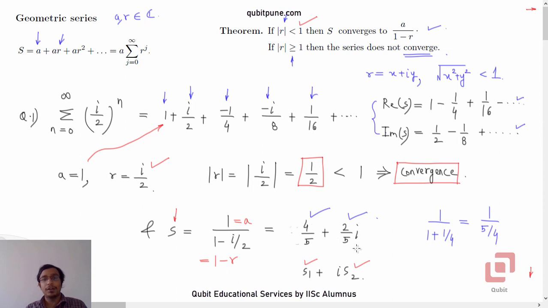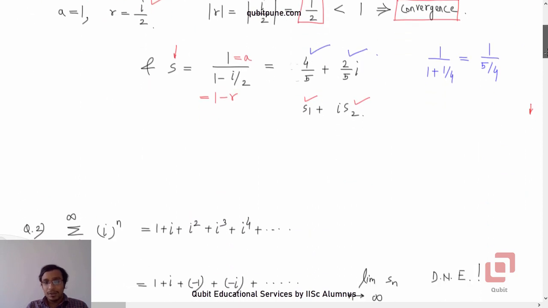And we have verified it for this particular example, and we may deduce that even if one of these two, S1 and S2, the associated series, does not converge, then the original series also does not converge. All right, now let us go to the next example.